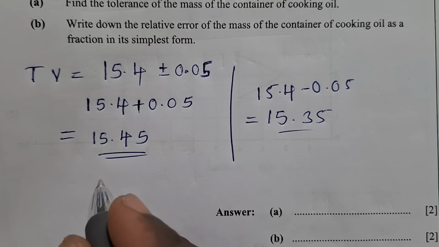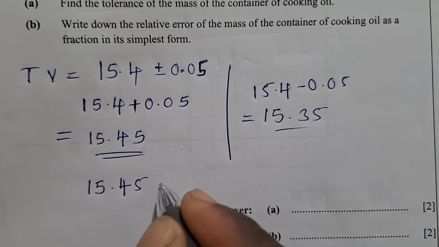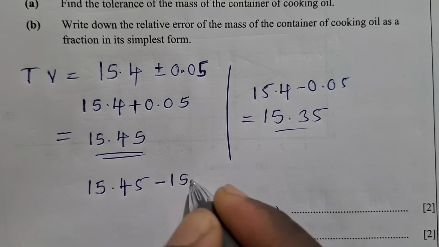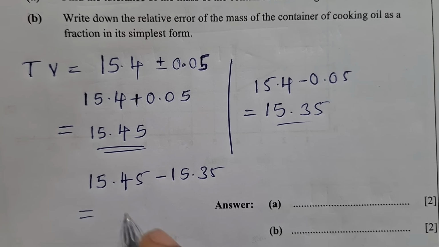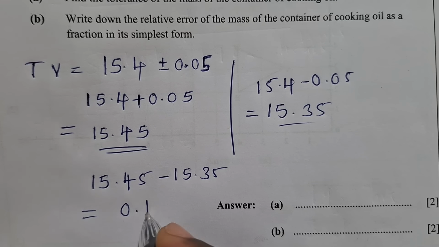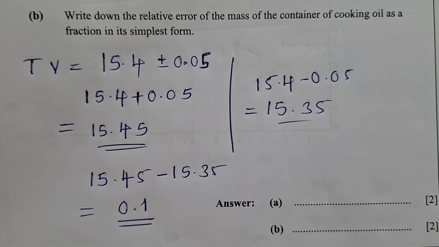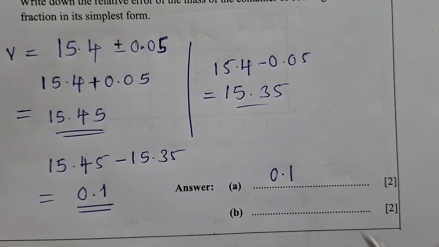Now to find tolerance, you say the maximum value minus the minimum value. This minus this, and when you do that, we get 0.1. So our tolerance is 0.1.